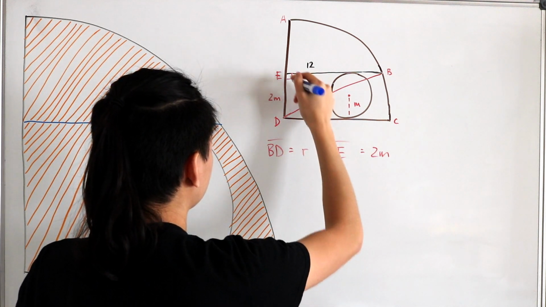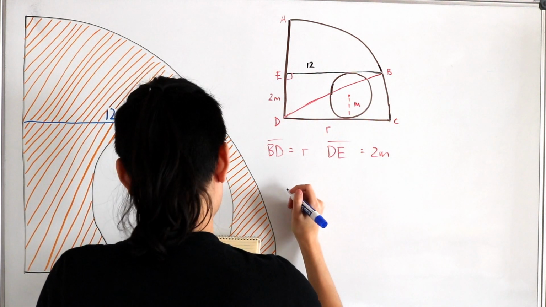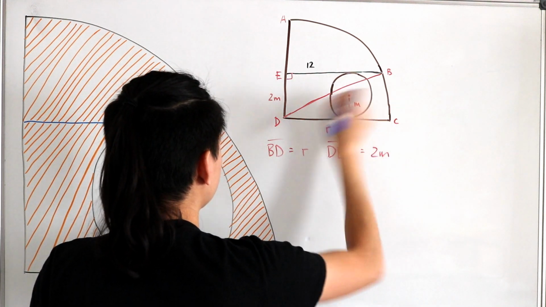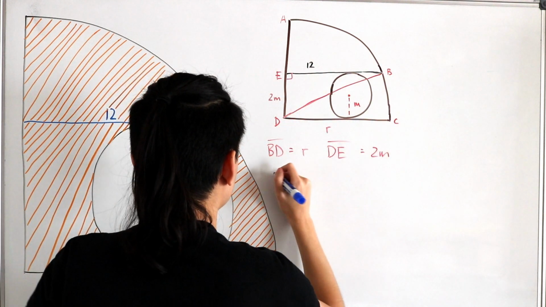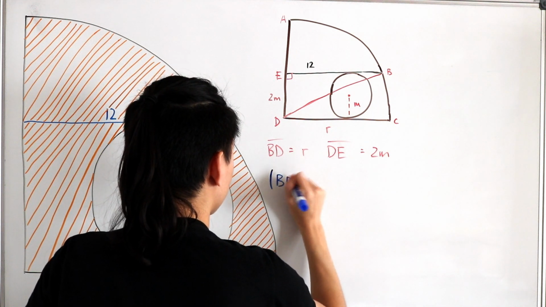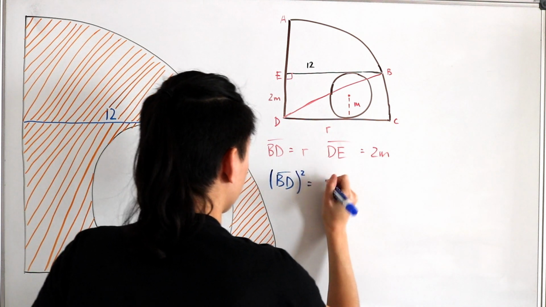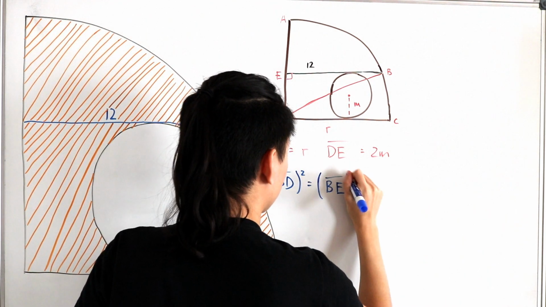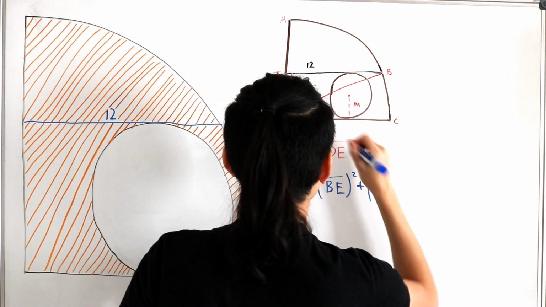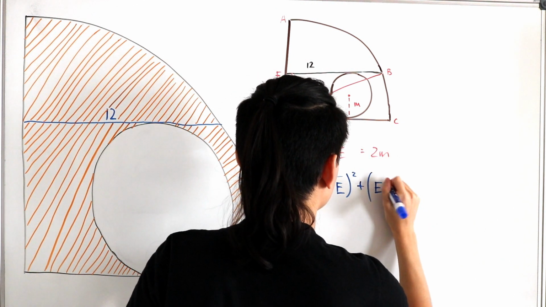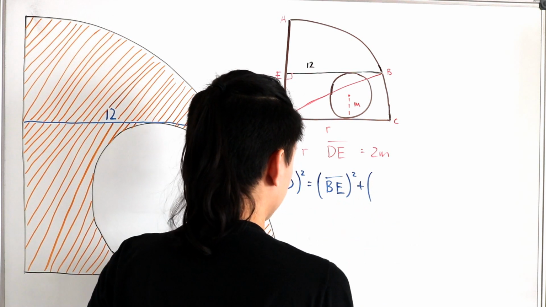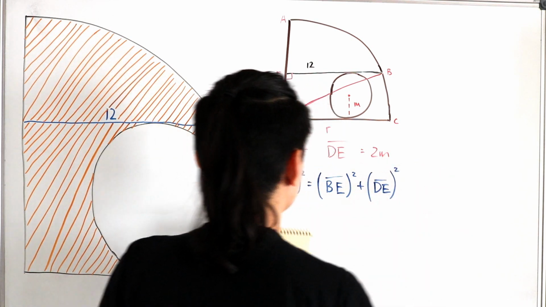The legs are BE and ED, and the hypotenuse is BD. So BD squared is equal to BE squared plus DE squared.